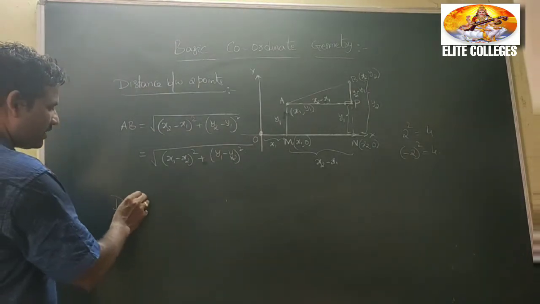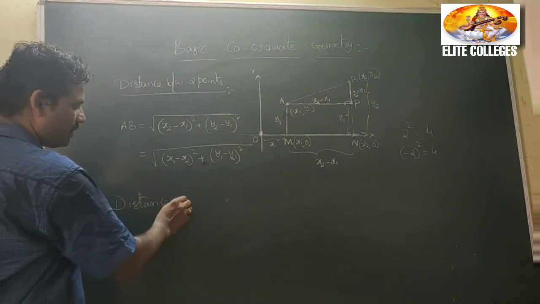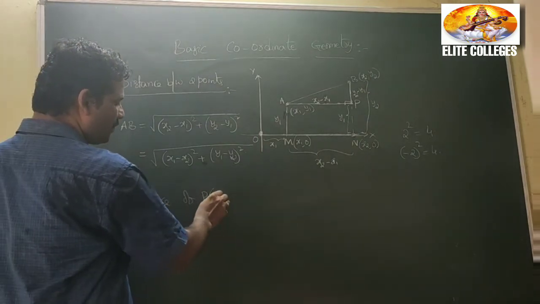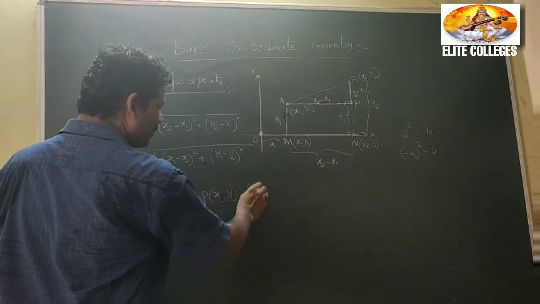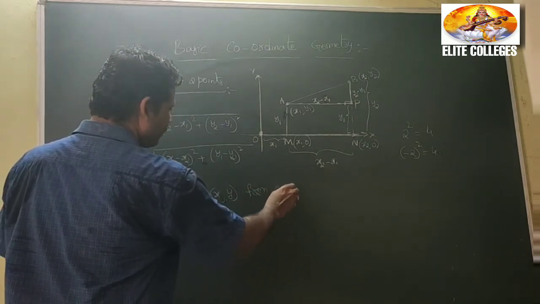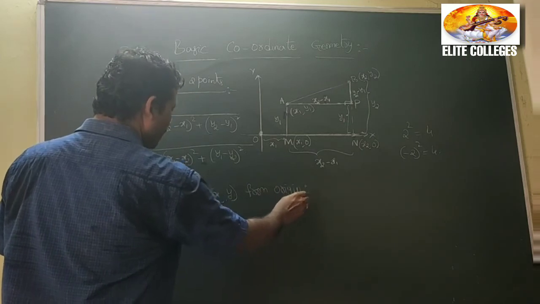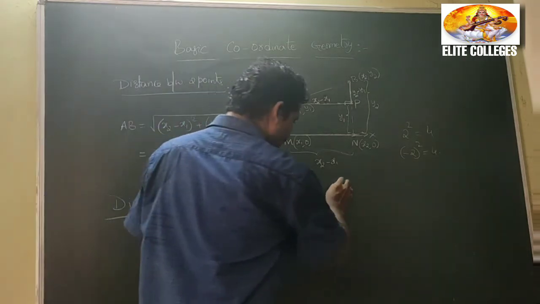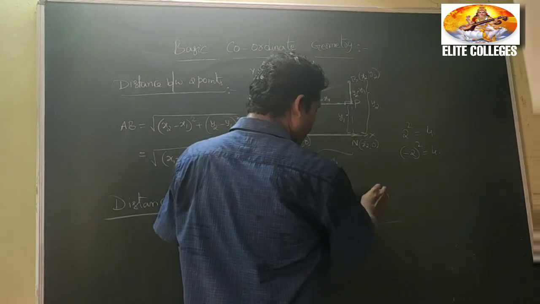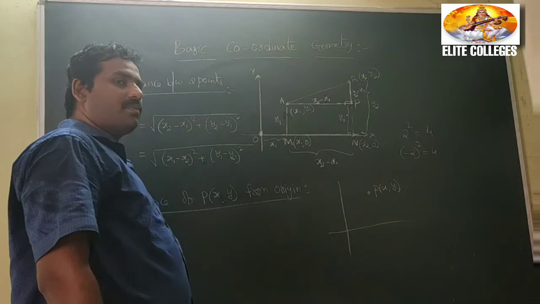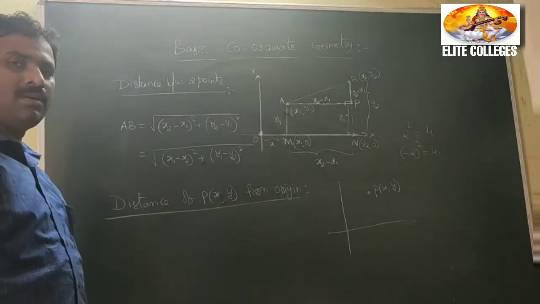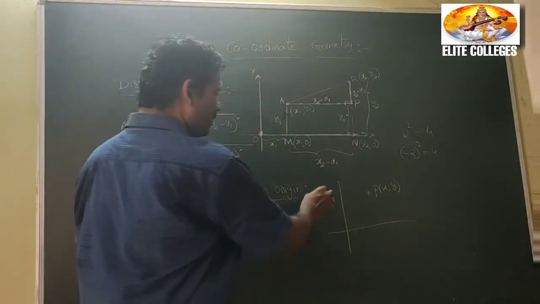Next one. Distance of P of x comma y from origin. So this is the point P of x comma y. First we know how to put the point in a plane. That is the general point P of x comma y in a plane.